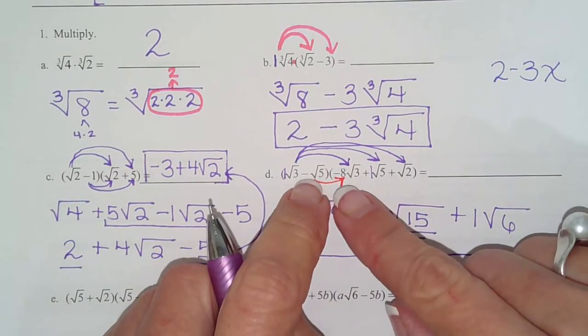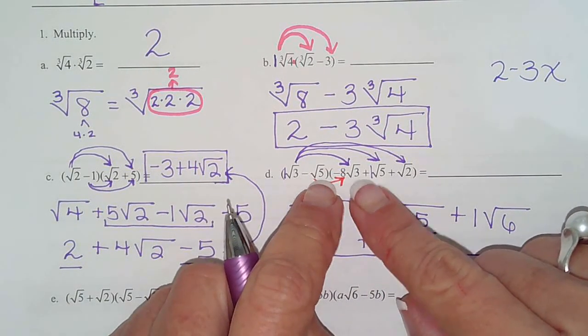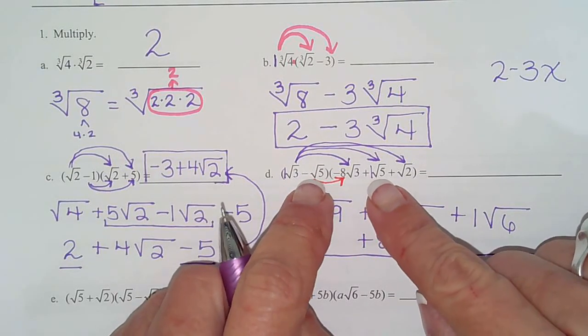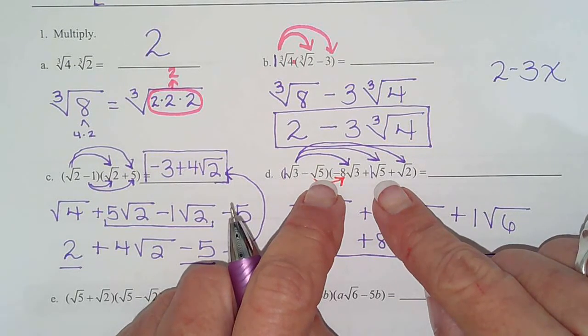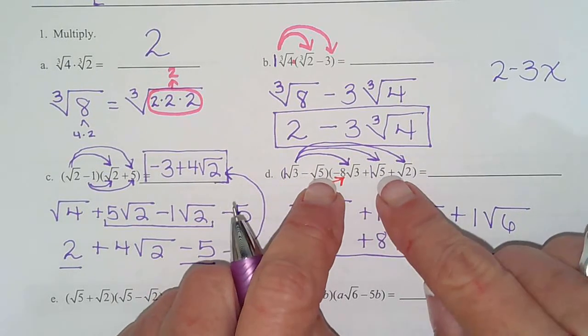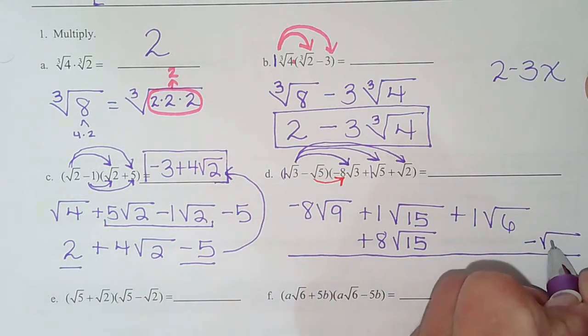So we got positive 8 radical 15. Then we have negative 1 radical 25. So a negative times a positive, negative 1 radical 25. It doesn't have a like term, so we'll just put it over here.